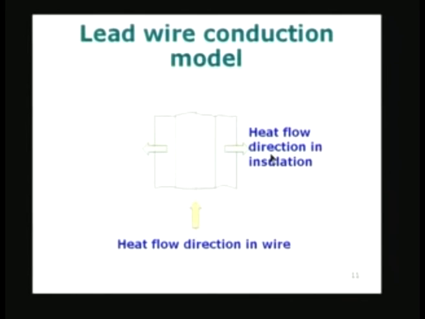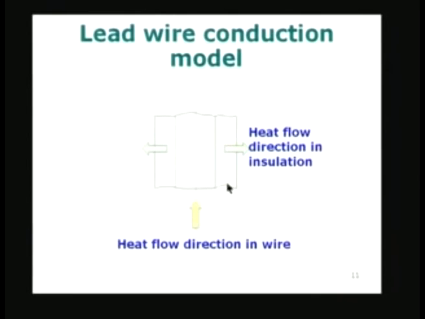The reason why this kind of an assumption is valid or acceptable is that the thermal conductivity of the material of the wire is usually very high compared to the thermal conductivity of the material of the insulation, and therefore, the heat transfer in the axial direction in the wire is much more significant compared to heat transfer in the axial direction in the insulation layer.